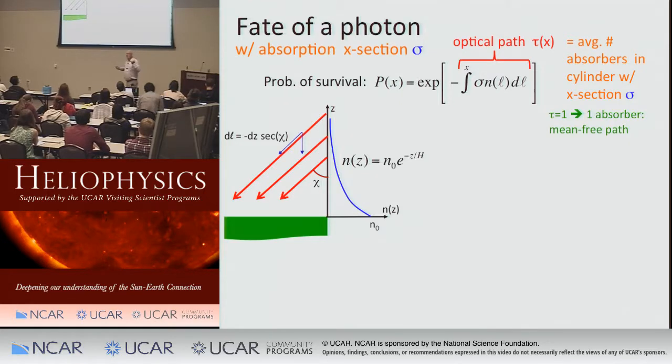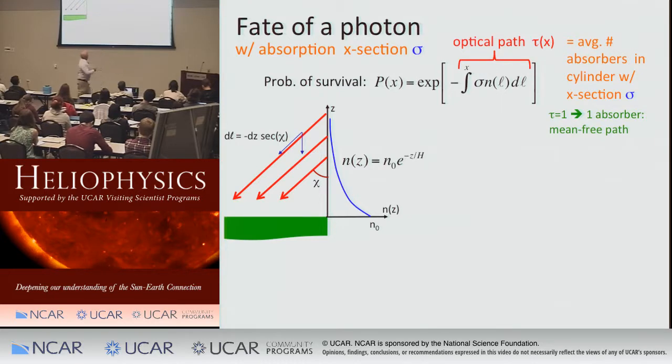I want to know the probability of my favorite photon making it to some distance along the path. We're going to parameterize the path by length L. It's just the probability that my photon gets to me.